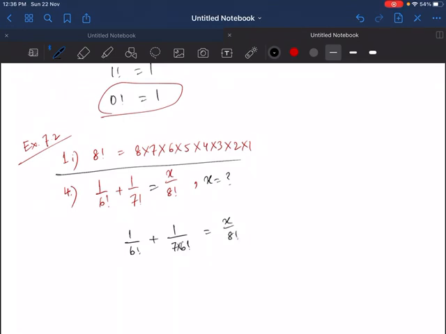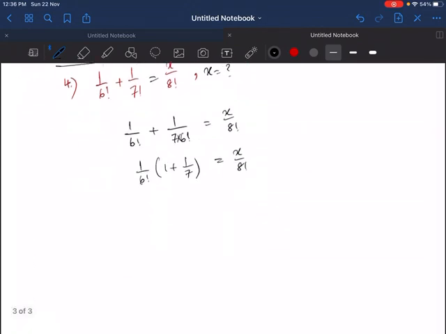So now if I take 1 by 6 factorial common, I get 1 plus 1 by 7. Now let's do the LCM. So if I do LCM, I get 8 by 7 is equal to x by 8 factorial.